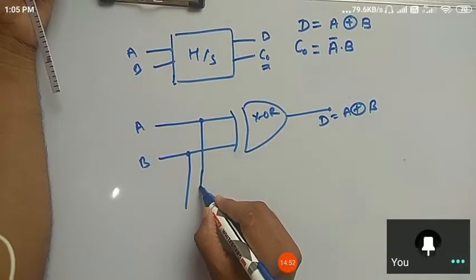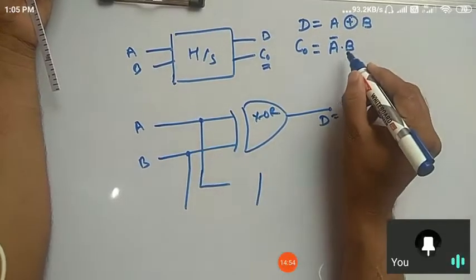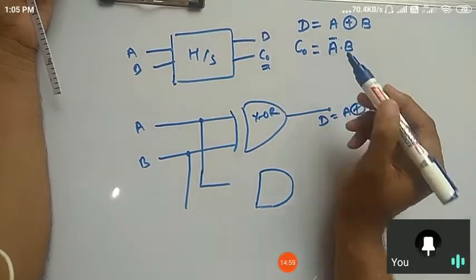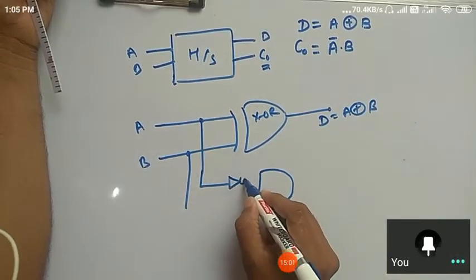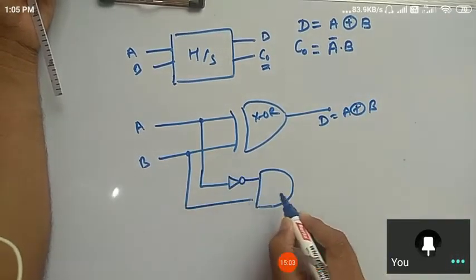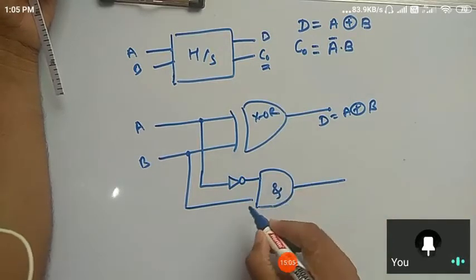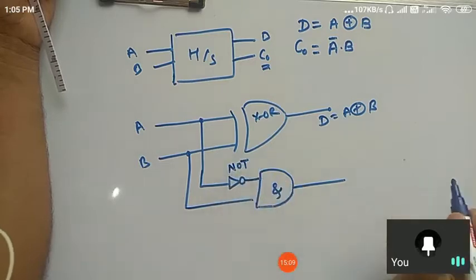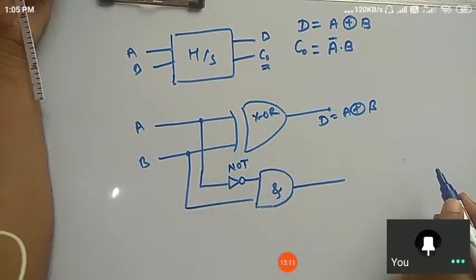I have to give it to one AND gate, but before that this A must be barred. So this one is your NOT gate, or inverter, you can say, right?